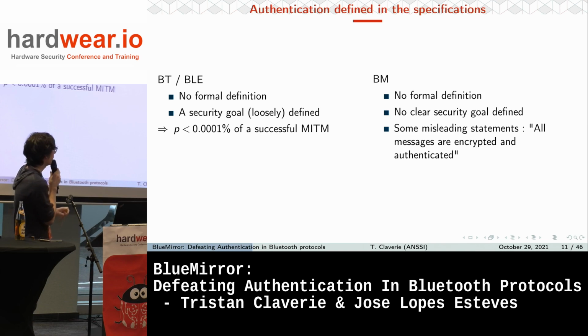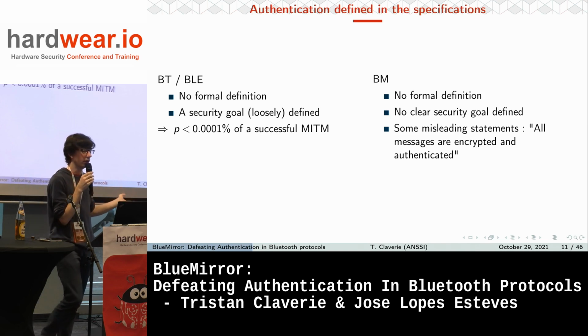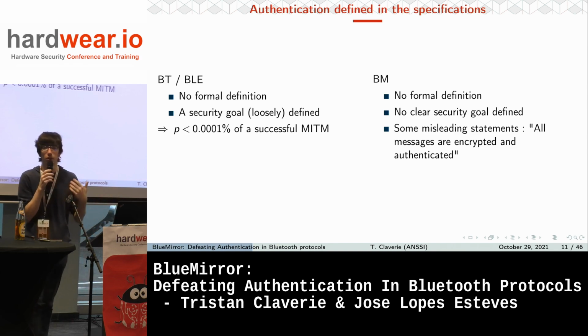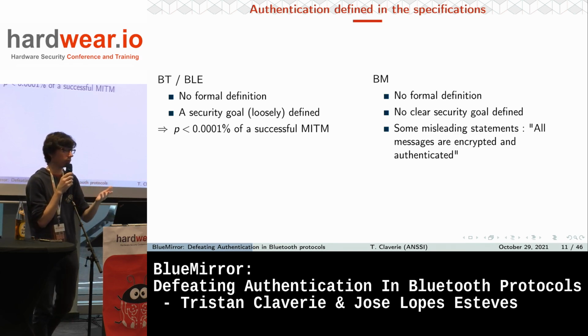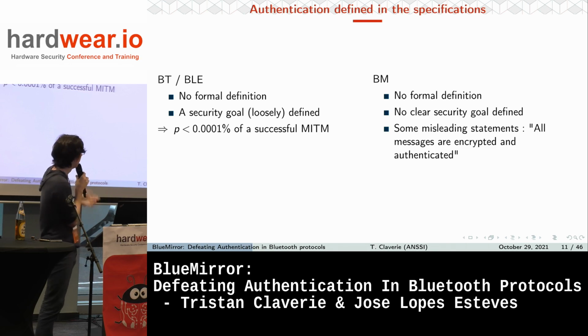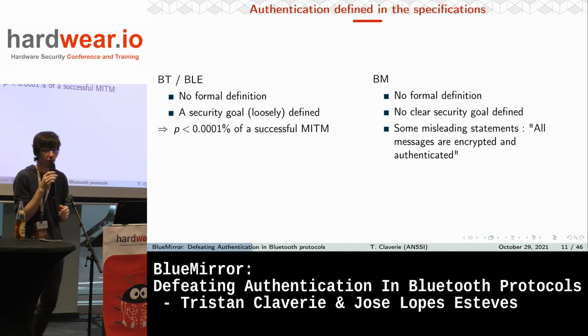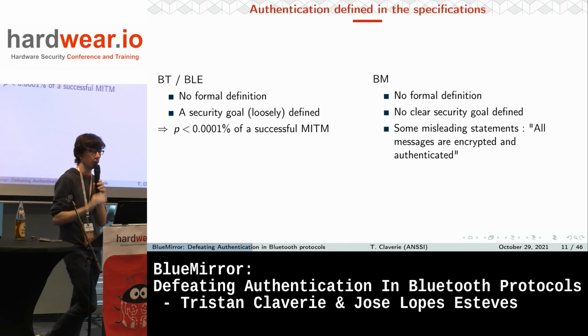And in Bluetooth Mesh, we don't have any authentication definition. We don't have any security goal for authentication, sorry. But we do have some misleading statements like all messages are encrypted and authenticated, which is not true.